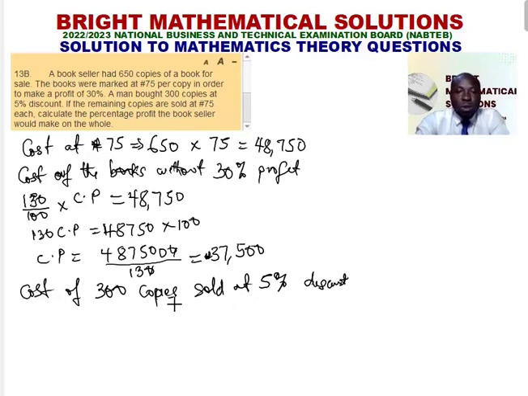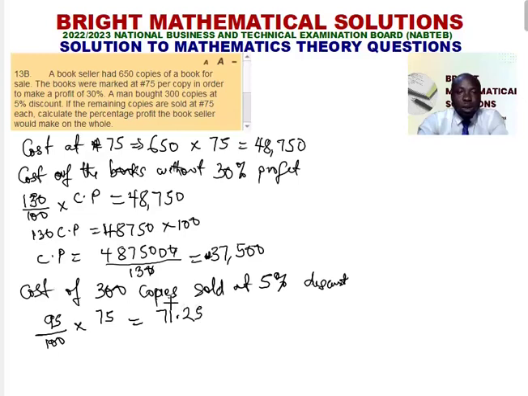The cost of the book is 100%. So if we remove 5% from 100%, that gives us 95%. So that is 95 divided by 100 multiplied by 75. After the calculation, this gives us 71 naira 25 per copy.